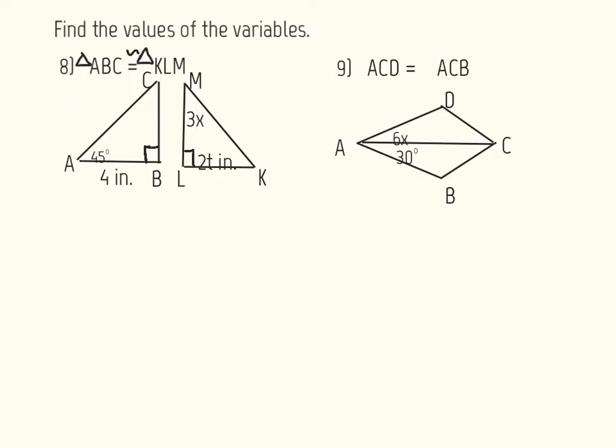For questions 8 and 9, we're going to be finding the values of the variables in each problem. So for 8, we know triangle ABC is congruent to triangle KLM, and we need to find T and X. Since we know that they are congruent, we can say a few things.